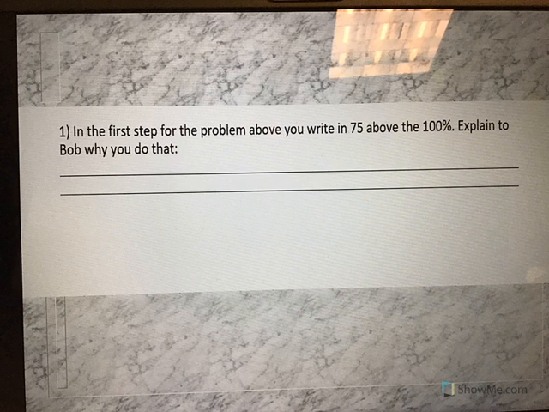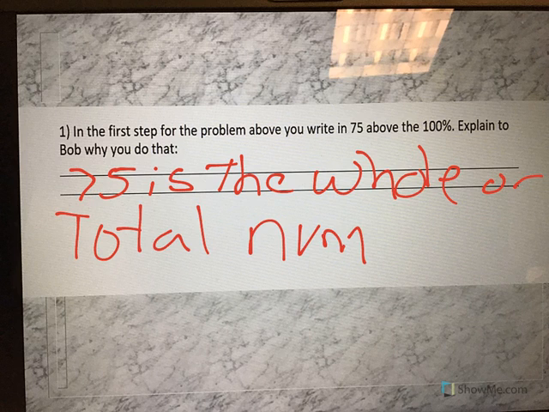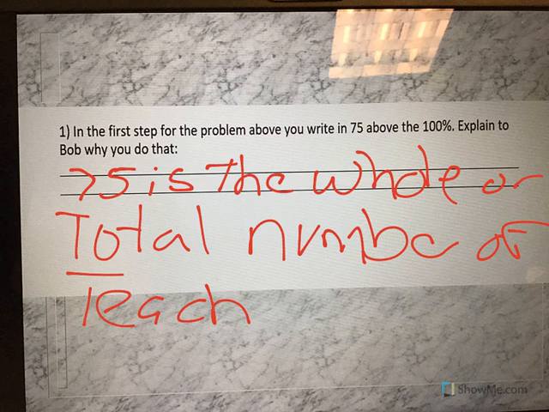So 75 is the whole, or total number of teachers at Barber. So when I'm looking at that, I know that 75 is all the teachers. So 75 teachers, that's why I put it over 100.